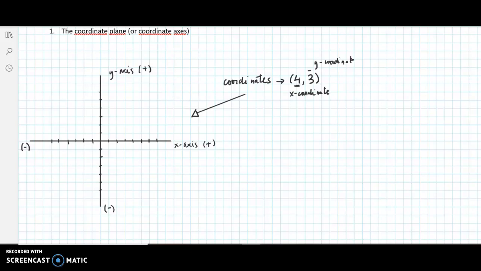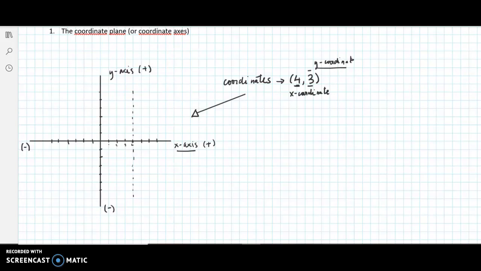Right. So let's see the first number, the 4. We are going to look for this number, the 4, on the x-axis. So the 4, positive 4, okay, is 1, 2, 3, 4, right? So I'm going to make a vertical discontinuous line going through the 4, right? And then I have to look for the y coordinate, that is 3.